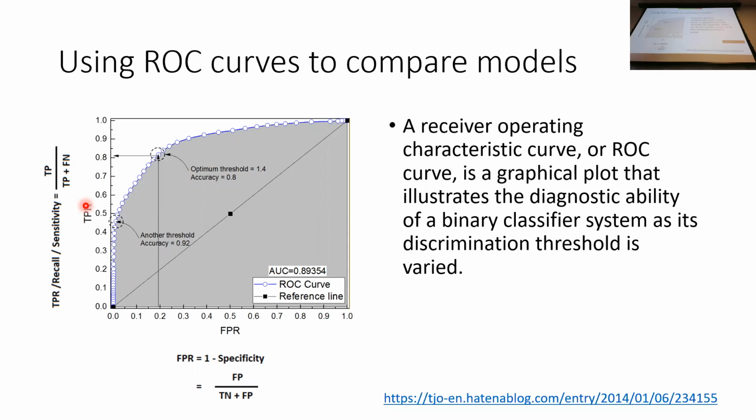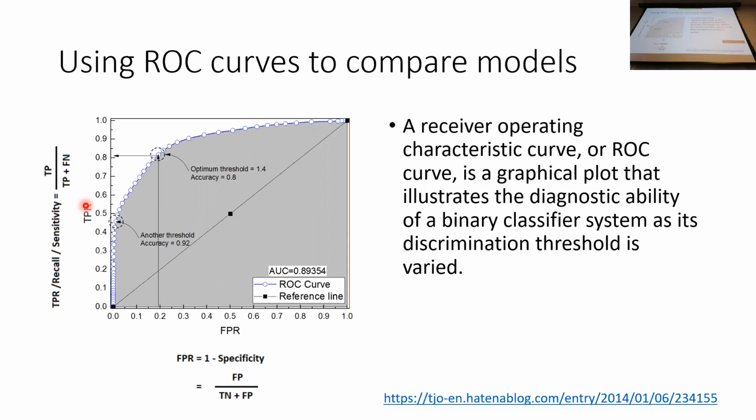But often with specificity, the 0 and 1 have to be flipped in order for the top left corner to be the best result. If you have a random method, it should fall along this line in this plot. Anything above this is better than random.